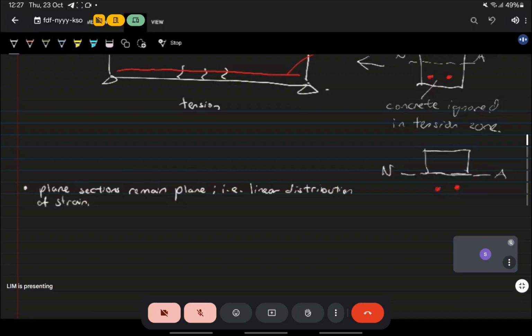So we assume that the distribution of strain is linear, because if it's not, it's very difficult to calculate later. It's very difficult to do analysis if it's not. We do some simplification of the actual behavior.